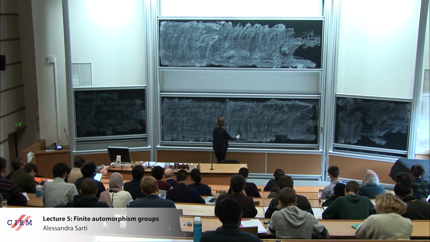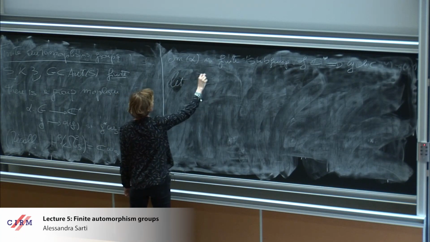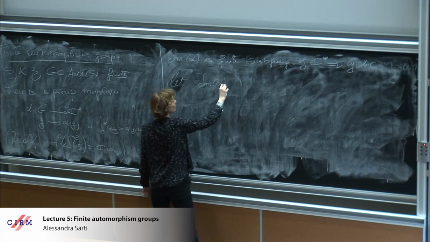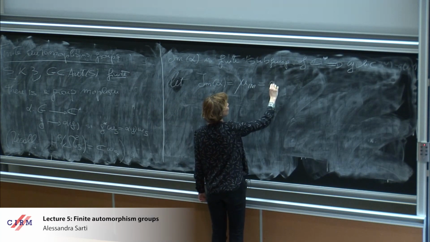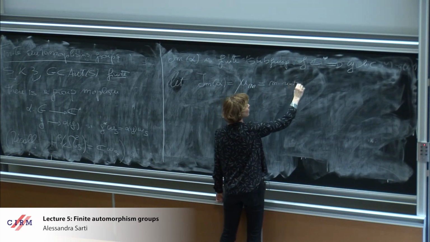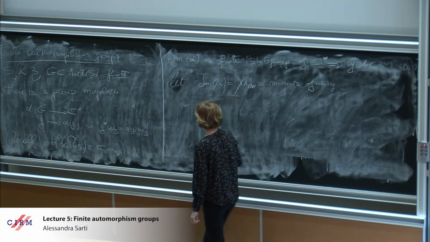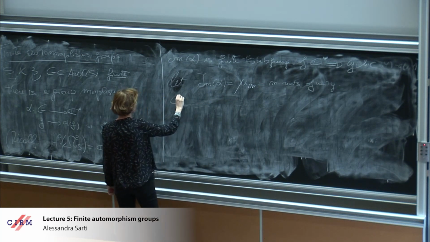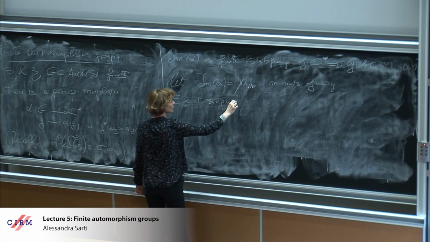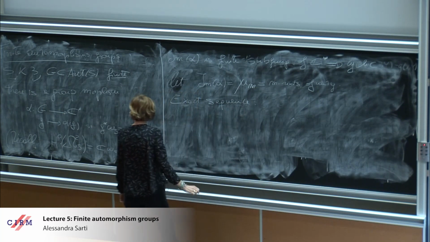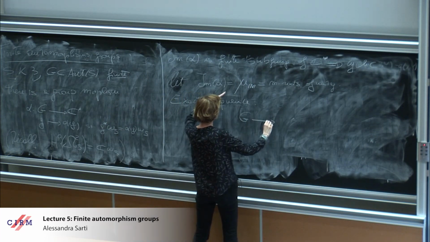So let the image of alpha be equal to mu m, where these are the m-th roots of unity. And then we can consider the following exact sequence. Well, you have G going surjectively to mu m.